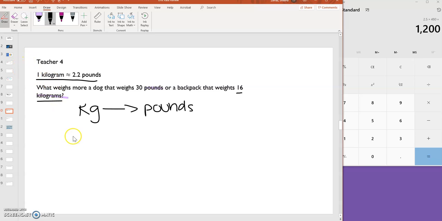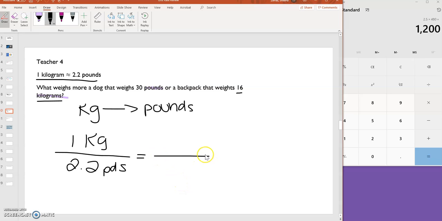I do absolutely know that 1 kilogram goes with 2.2 pounds. And then I'm going to set that equivalent to, if I had 16 kilograms, how many pounds does that equal?